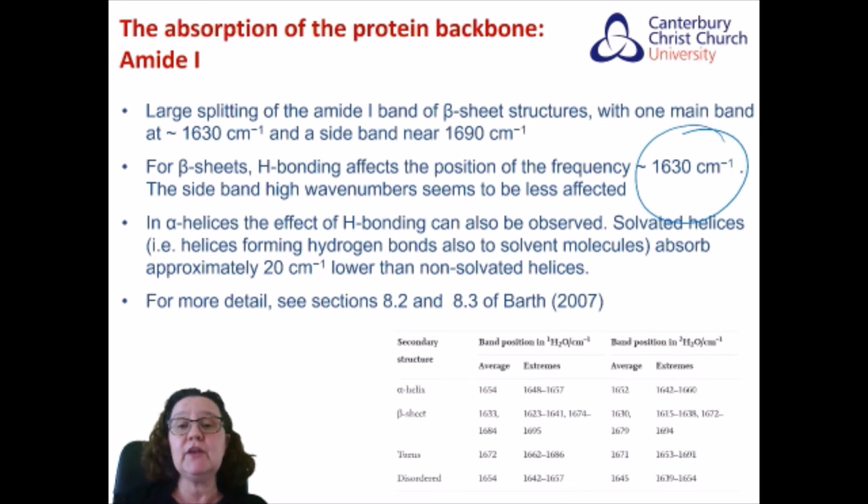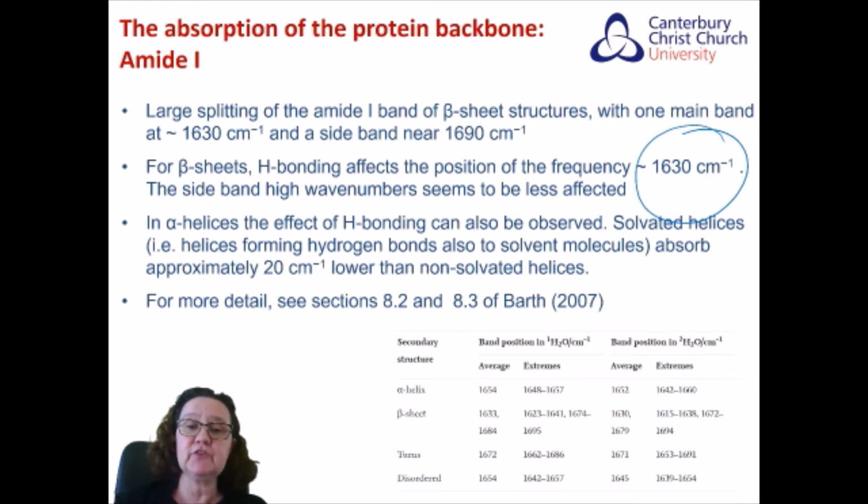The hydrogen bonding can also be observed in alpha helices, and when you have solvated helices, helices that are forming hydrogen bonds with the solvent present, then that will lower the wave number at which those bands appear.